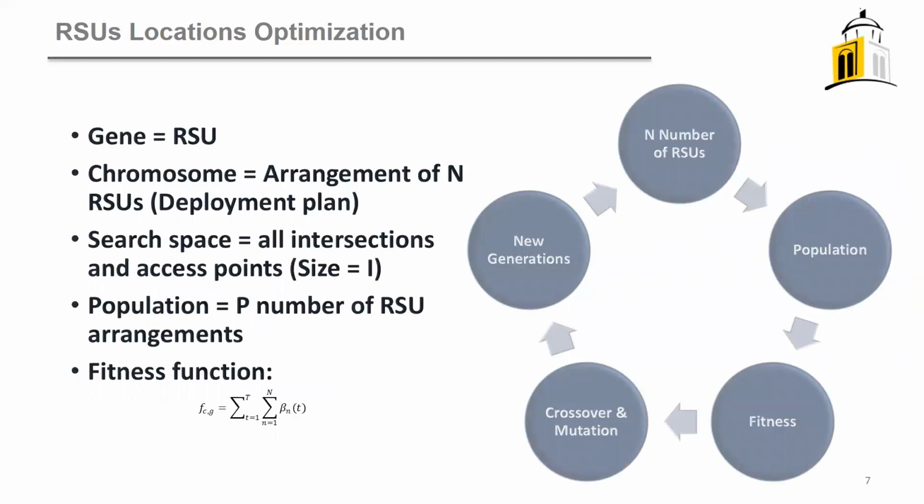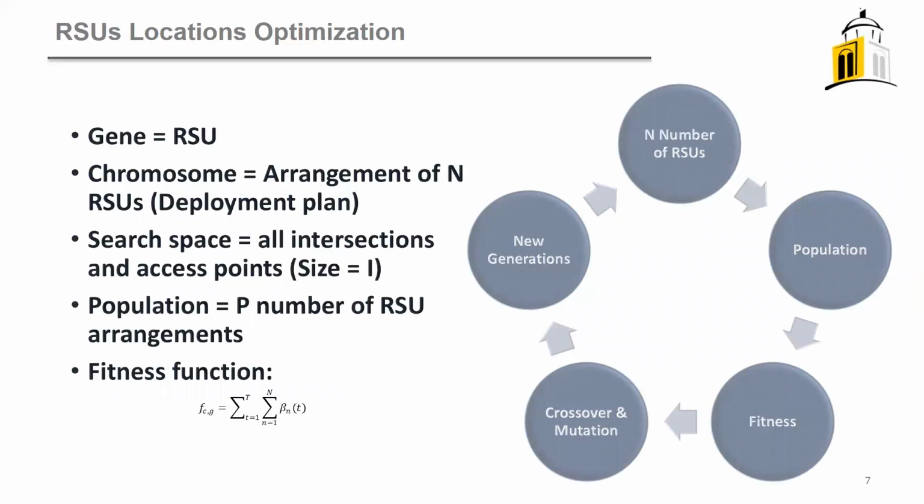So this slide shows the way the genetic algorithm works and how we mapped our problem to that. We start with a population of n chromosomes. Each chromosome is formed of n number of genes.